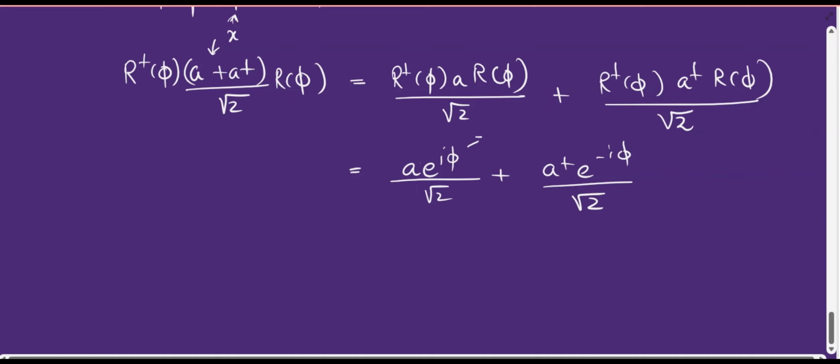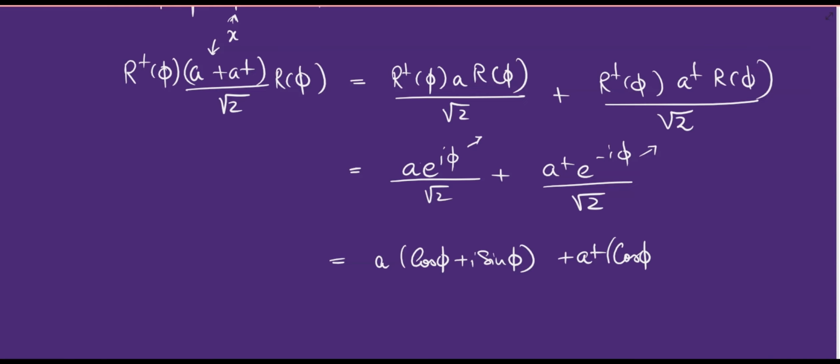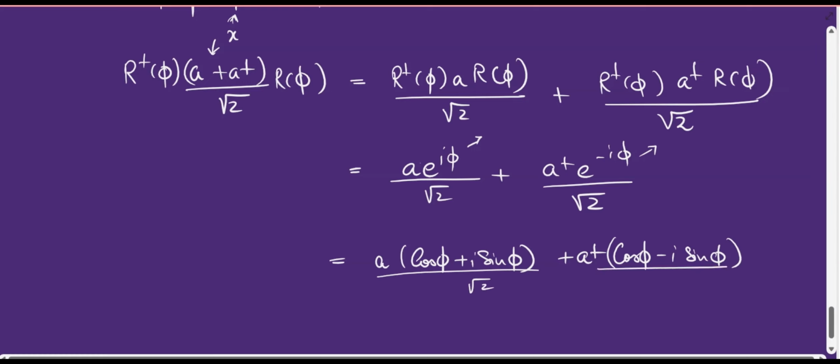So I open this up: a e raised to i phi, so this is a cap (cos phi plus i sin phi) plus a dagger (cos phi minus i sin phi). Both are under root 2.